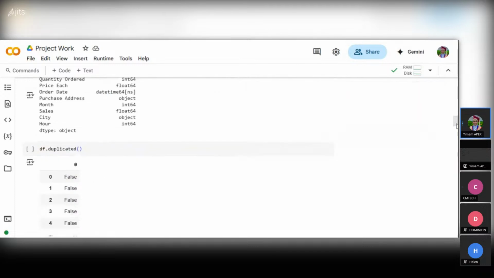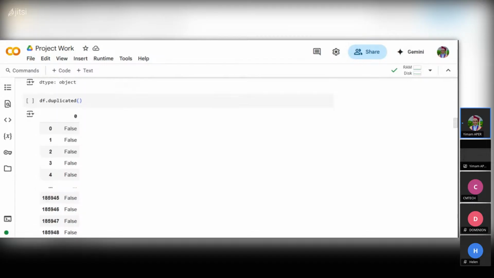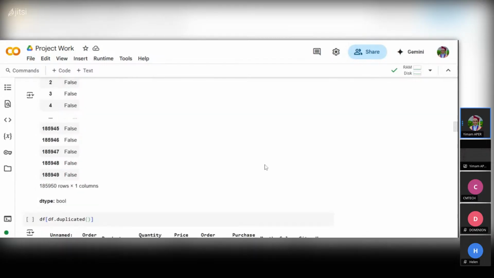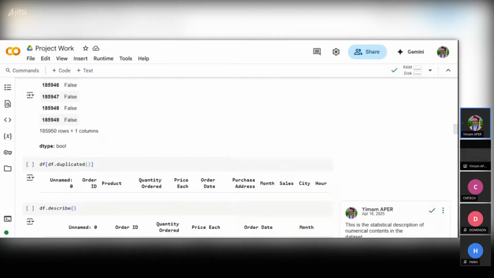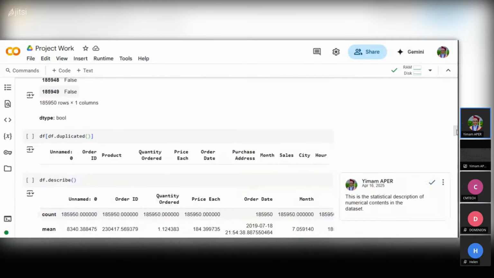The next question was for us to check if there are duplicate values. df.duplicated is to check if there are duplicate values, and it told us that there are no duplicate values from the 185,950 rows. So that's that. Then I also printed to confirm it.